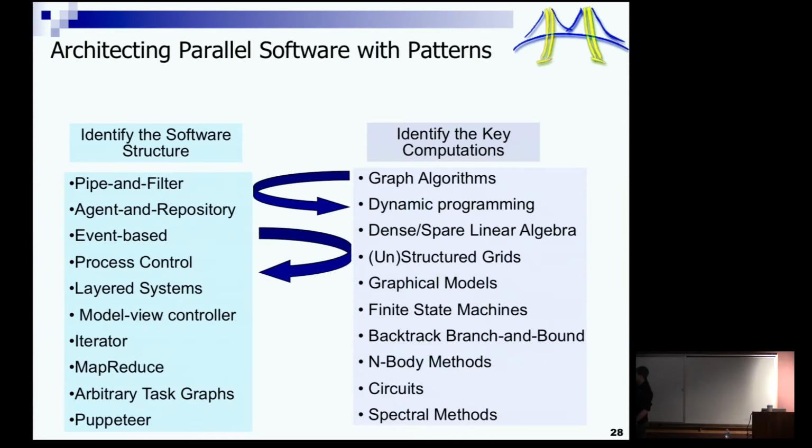On the right side are the key computations that come from the dwarves that you've been learning about all semester. The way that you architect is by identifying software structure in your program and then filling in the gaps with where the computation happens, with the type of computation, or with even more structure and more computation, and so forth. It's a back and forth process, and you create this hierarchical architecture.